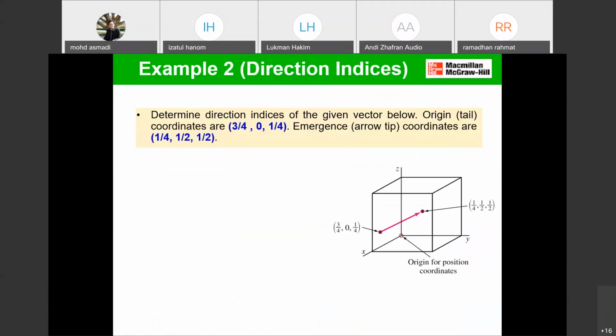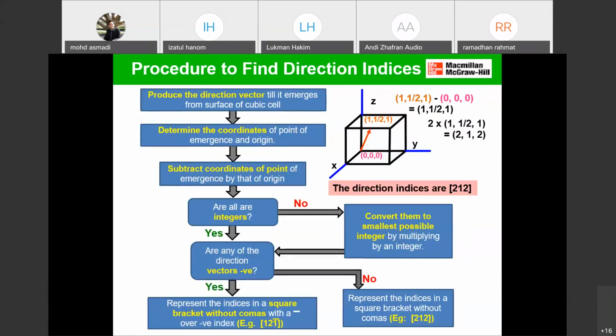From the procedure, we have to subtract the coordinate of the point of emergence by the origin, since we already know the coordinates. So we just keep to this step.